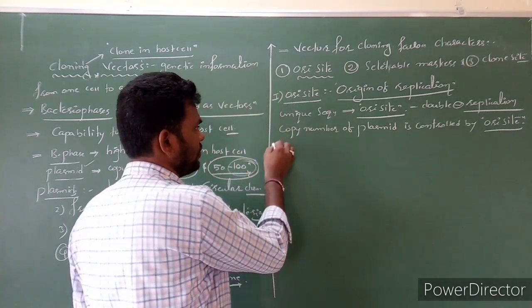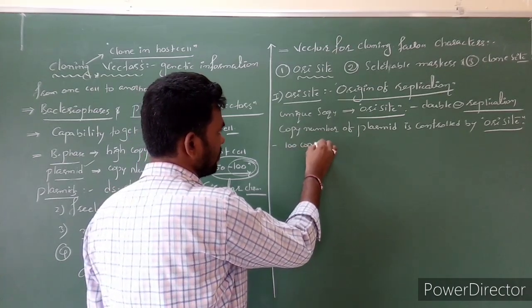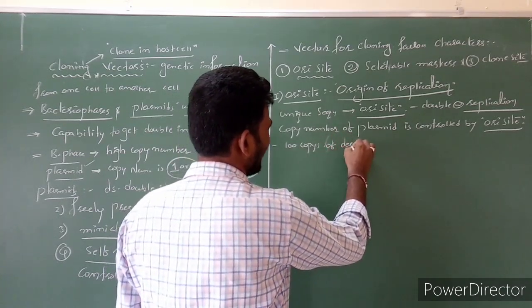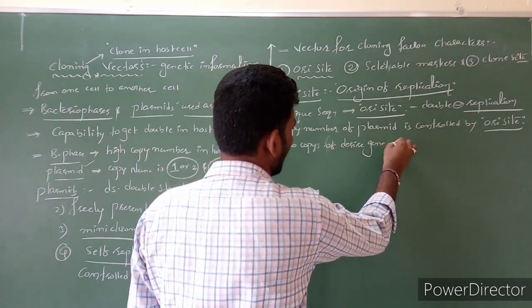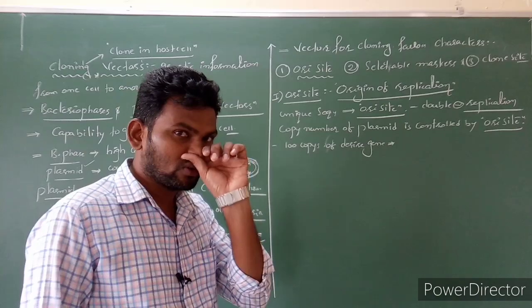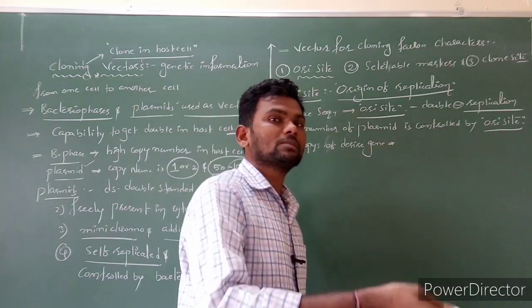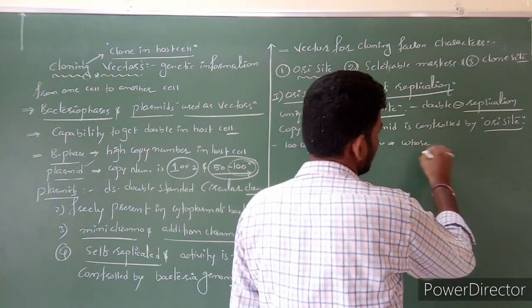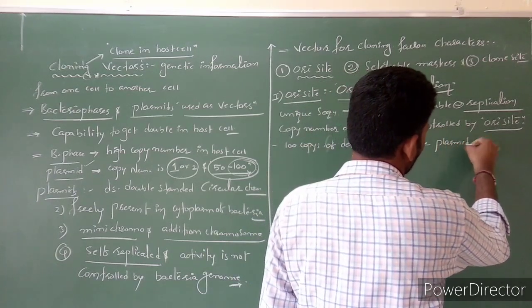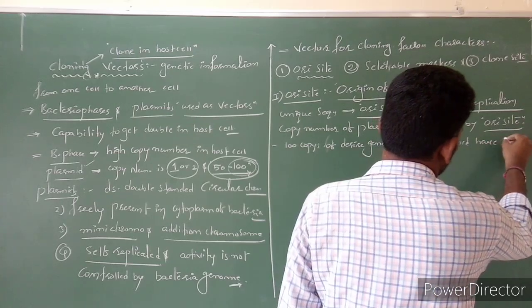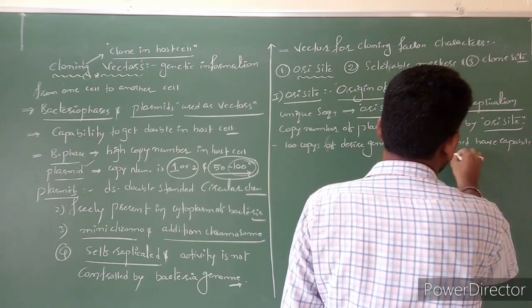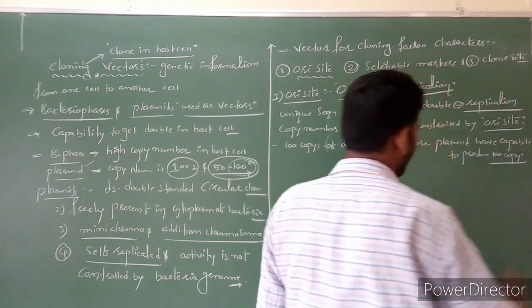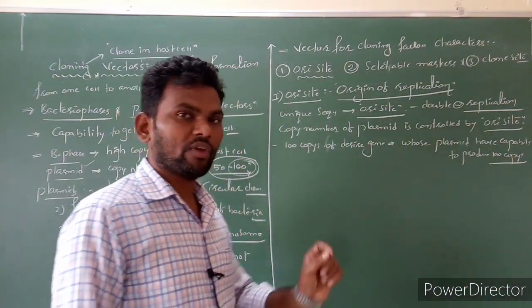If you want to recover 100 copies of the desired gene or product, we have to link it to a plasmid that has the capability to produce 100 copies.